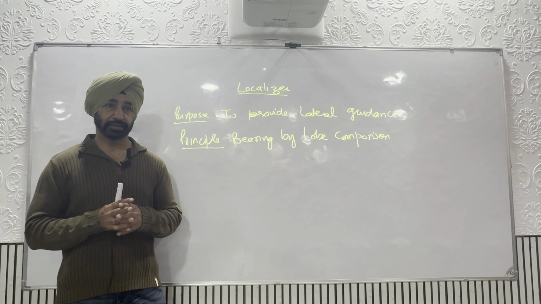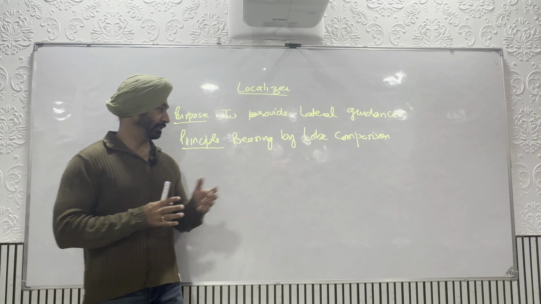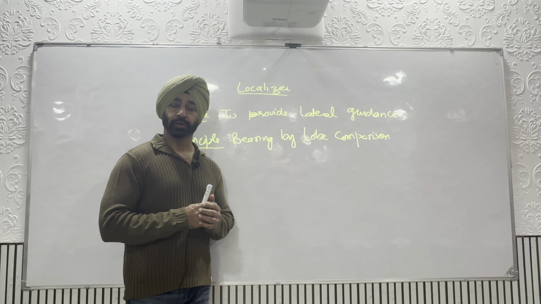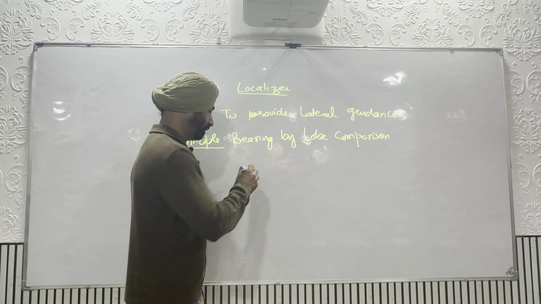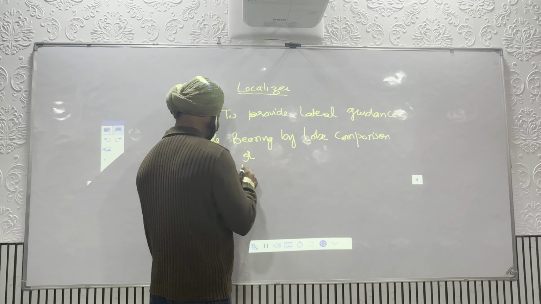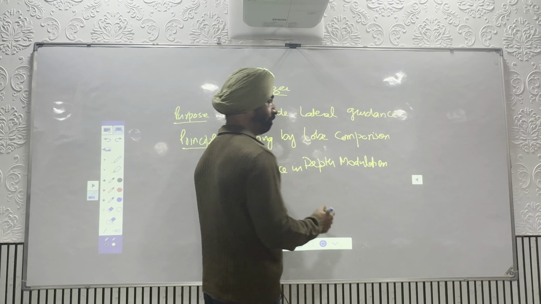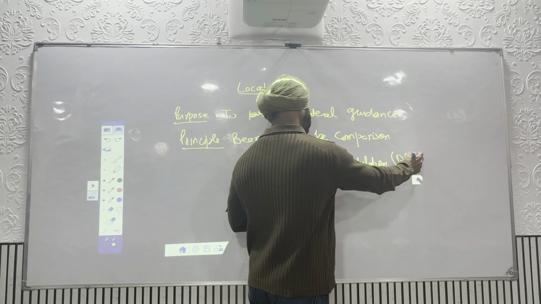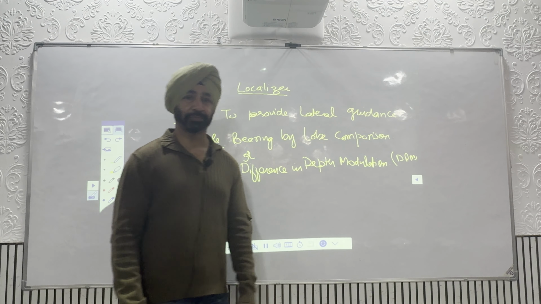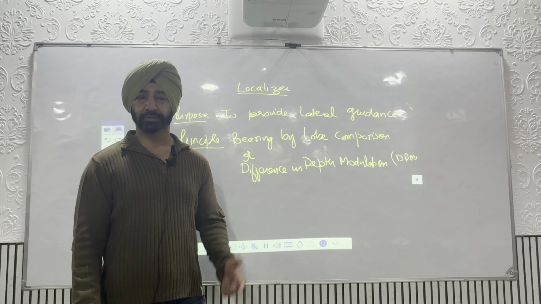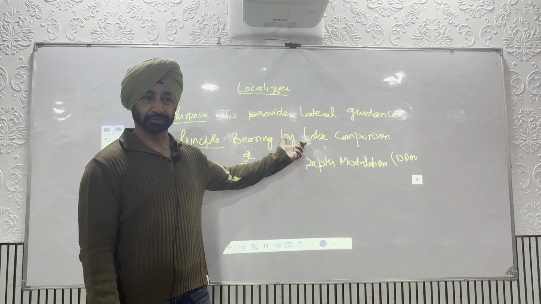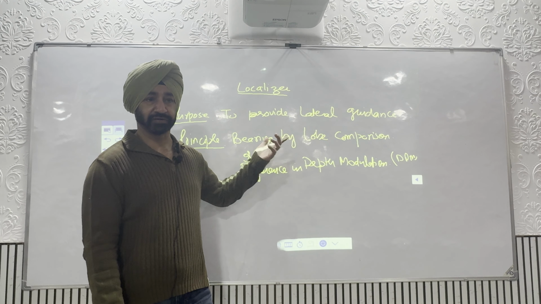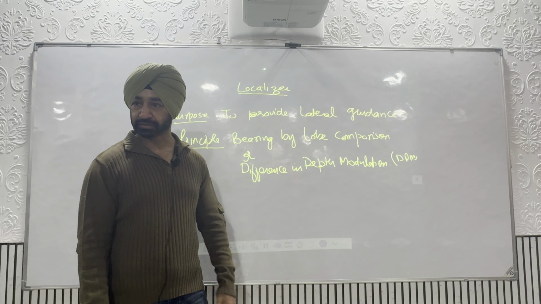We will see in detail how it works, but basically it is bearing by lobe comparison. Another term which is used is called difference in depth modulation. Again, we will discuss in the working what is the meaning of this. But in simple understanding, it has to be some lobe, some comparison and some difference.